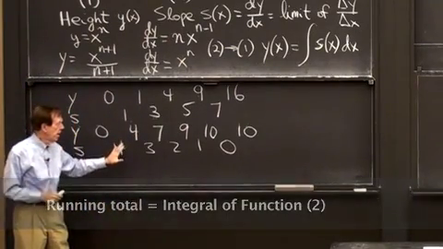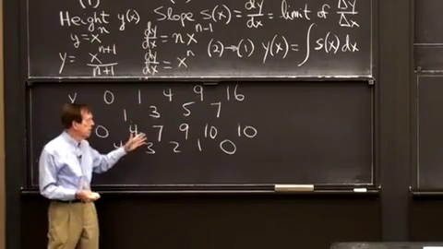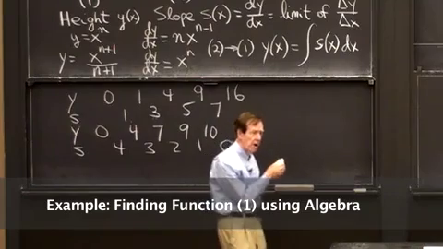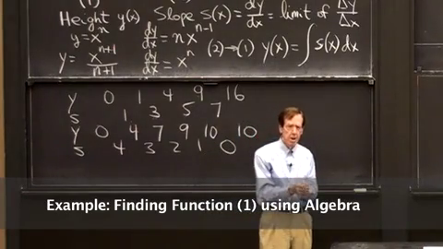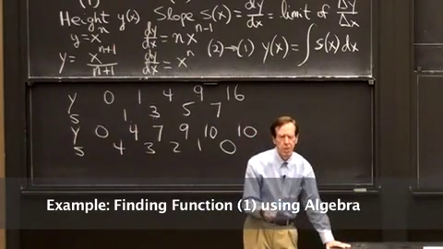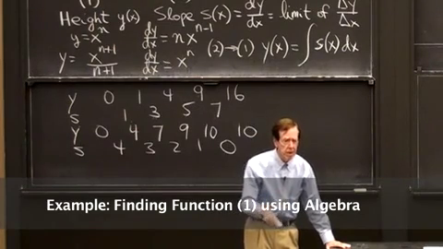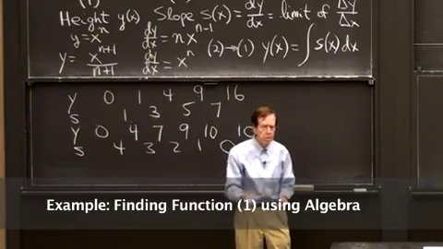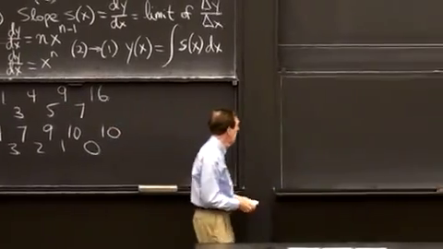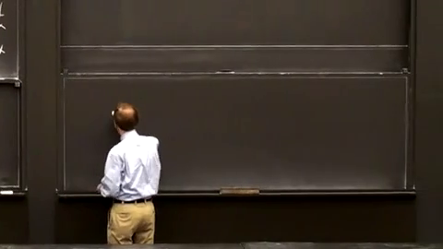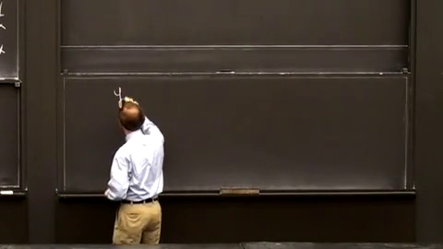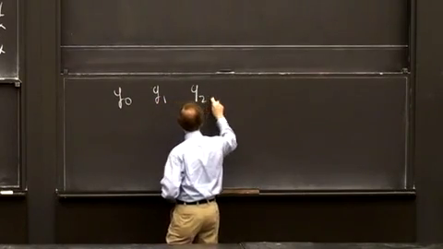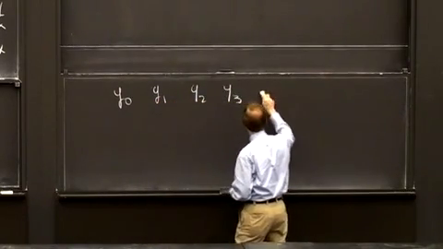Okay. I could do this with any bunch of numbers, and I can do it with letters. So now I move from arithmetic to algebra. Algebra just means I'll do it with any letters, but I'm not yet doing it continuously, which is what calculus will do. Okay, so with letters, I have here y0, y1, y2, y3, y4, let's say.